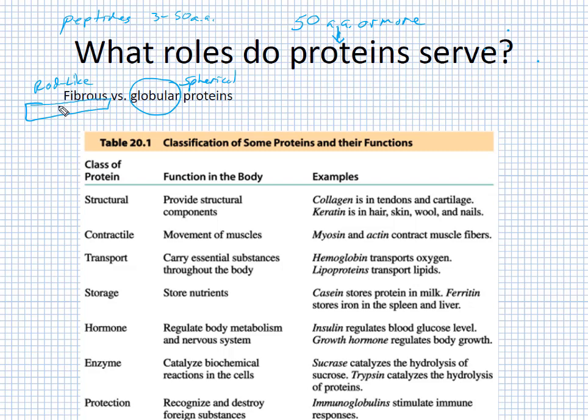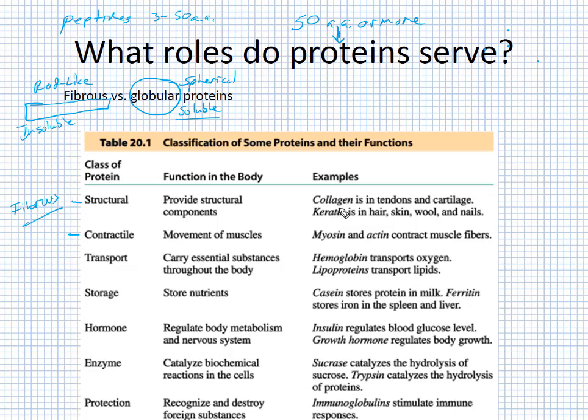It turns out that fibrous proteins tend to be insoluble, whereas globular proteins are usually soluble in water, so soluble inside the cell. Proteins that tend to have a structural role or a contractile role tend to be fibrous.